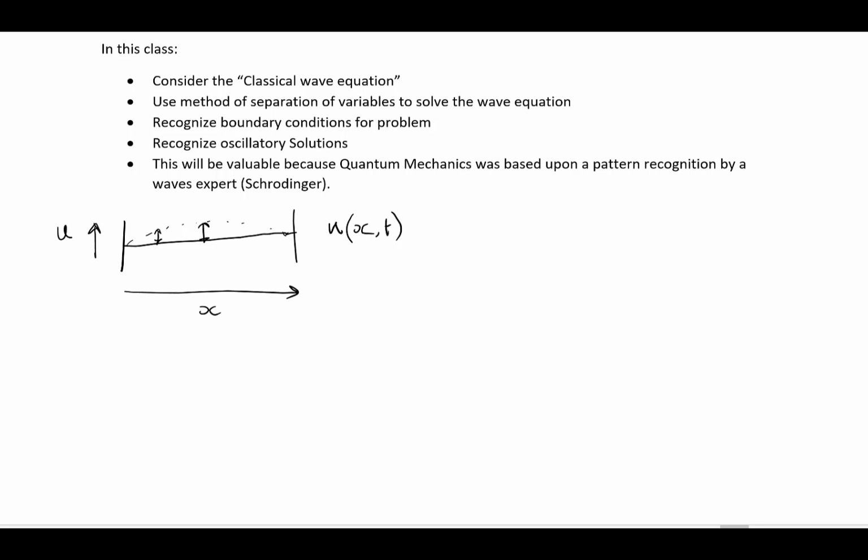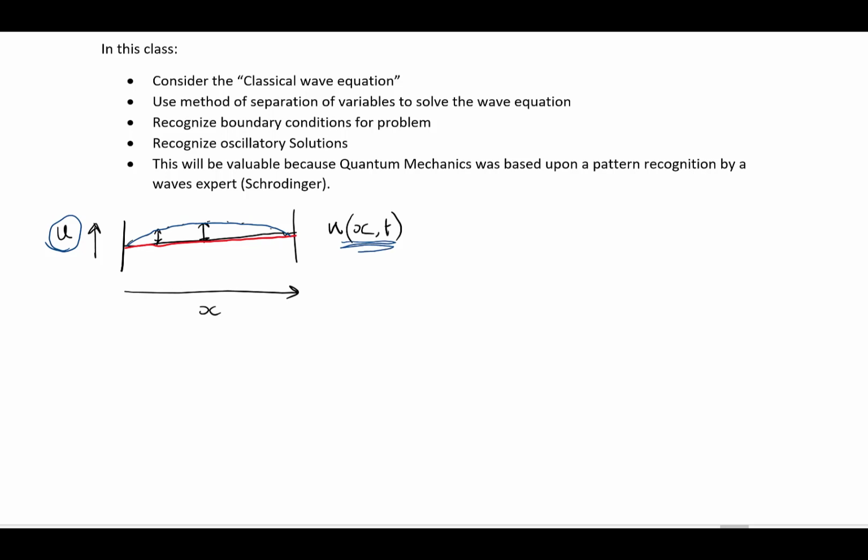At some point in time, the string will be perfectly in alignment with the center of its motion, and at some point later, we can imagine that the string is going to have a position such as this. So that position of the string at any point along the x-axis is a function of the position and of time.